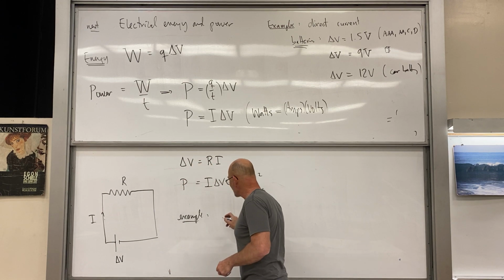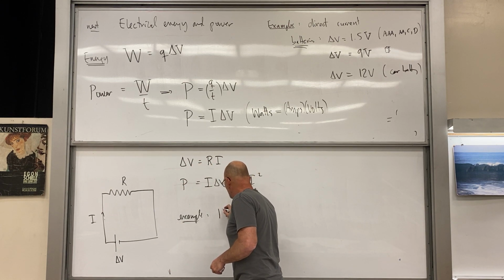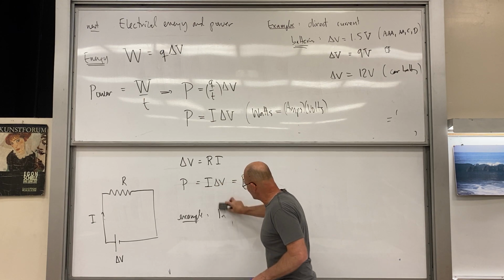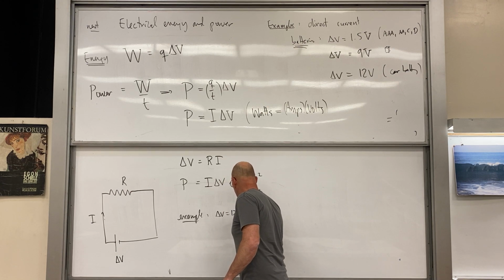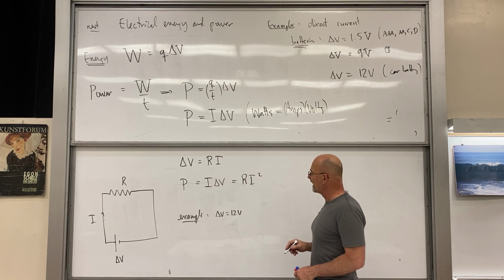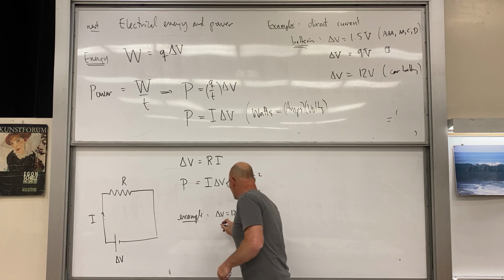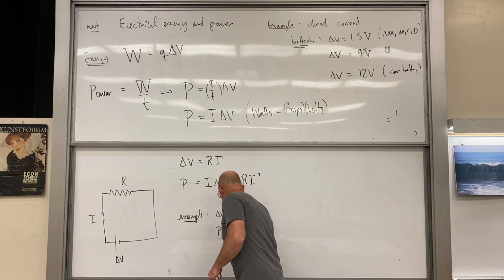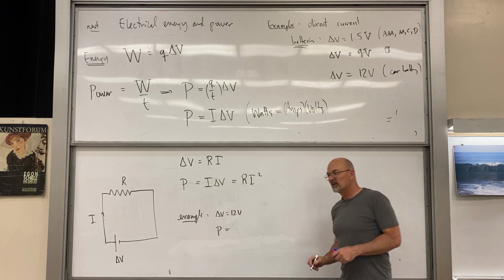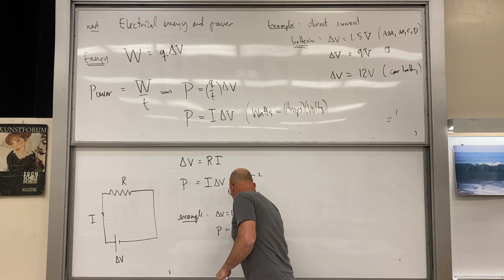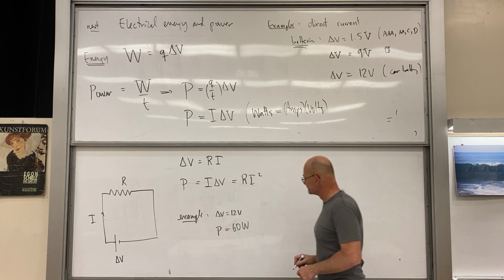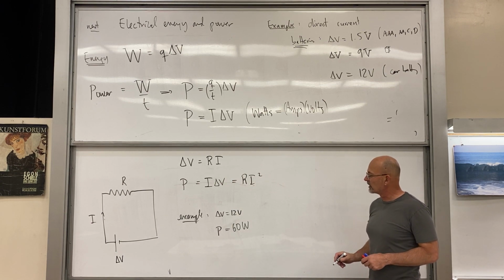For our example, let's start with the car battery. So delta V is going to be 12 volts, and the power, at least in old incandescent headlights, we're just going to say is 60 watts. So what's the current going to be?